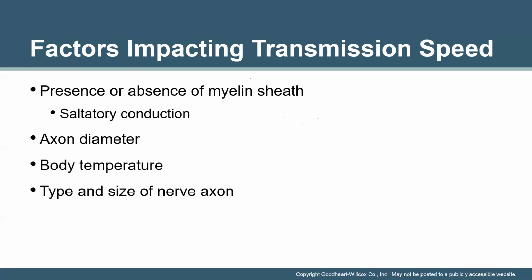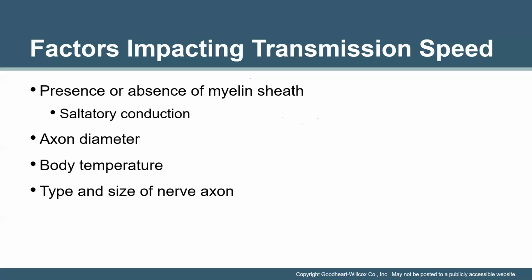The action potentials within a myelinated axon will jump over the myelinated regions of the axon. The depolarization only will occur at those nodes of Ranvier then. This process is known as saltatory conduction and will result in faster impulses.